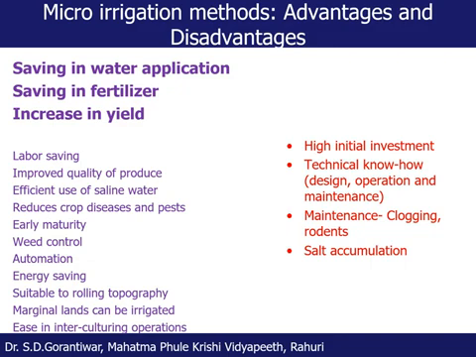Of course, the first one, I have shown those in red text towards the right hand side actually, is high initial investment. When we apply water directly up to the root zone of the crop, and when we apply fertilizer or nutrients directly up to the root zone of the crop, then we need certain infrastructure. And this infrastructure has a certain cost actually.